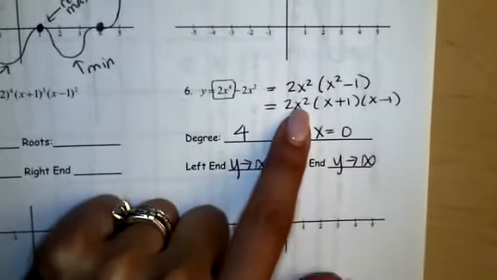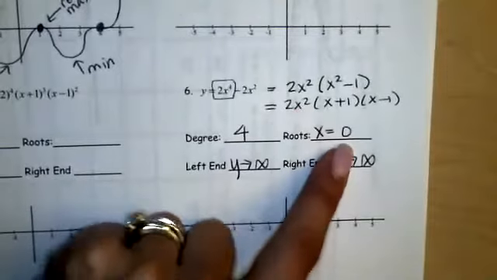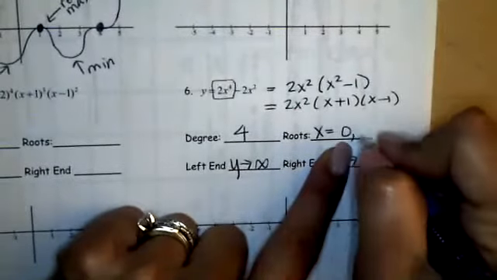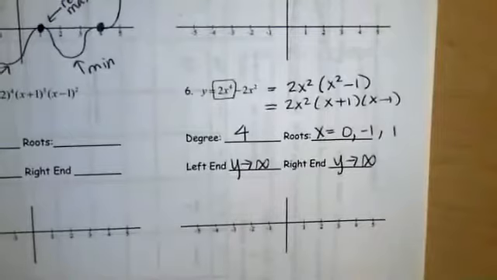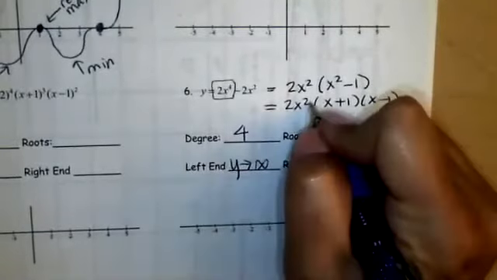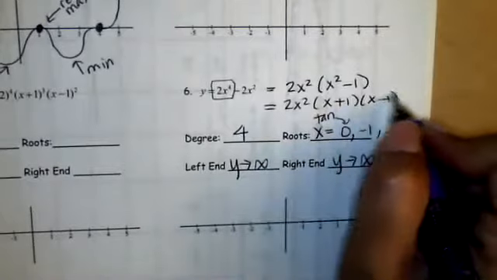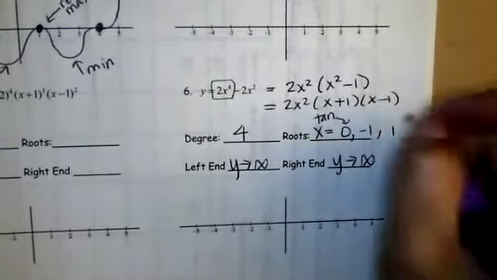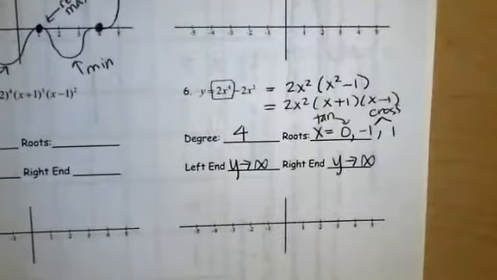We could write x minus 0 squared, but people don't usually write that. So it's just x squared, so the root there is 0. Then we've got one at -1, and then we've got one at +1. The 0 has a 2 on it, so it is going to be tangent there. Both of these have an exponent of 1 since nothing's written there, so both of these are going to cross.